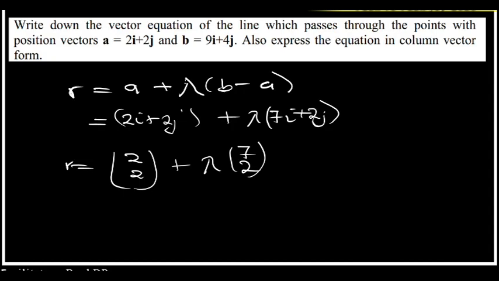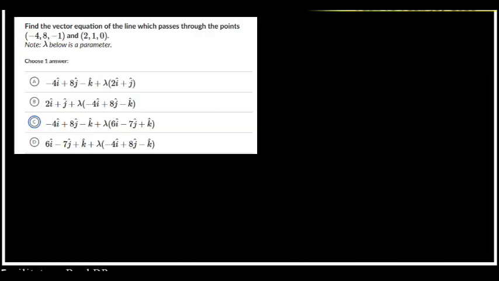Let's look at the last question, and then we'll look at how to represent our answer. There are so many ways we can represent the equation of a line in vector form, so we'll look at some of them. We have to find the vector equation of the line which passes through the points -4, 8, negative 1, and then 2, 1, 0. And we have to use the parameter lambda. Good.